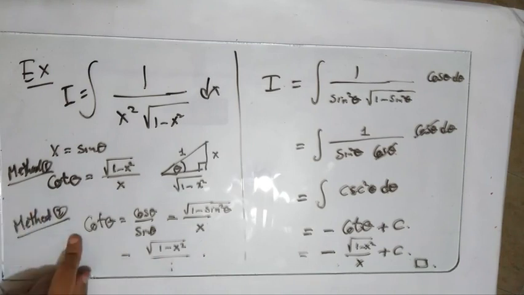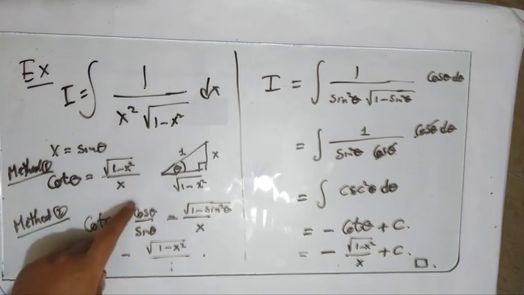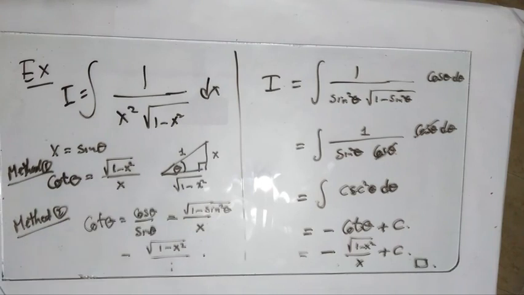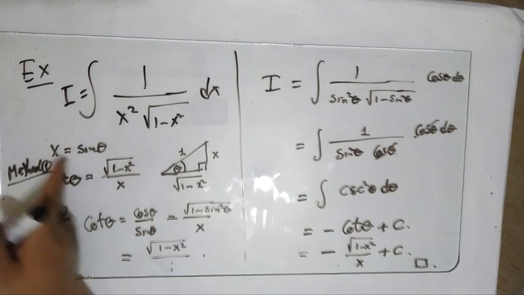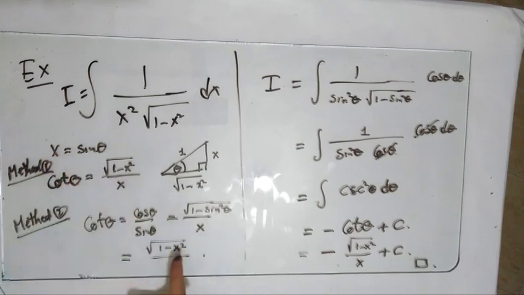Or you can use the identities of the trig functions. For example, cotan theta equals cosine over sine, and the cosine equals square root of 1 minus sine squared. So in terms of sine, you can replace sine by x. So now you will have square root of 1 minus x squared over x, and then you can use the value of the cotan to rewrite everything in terms of x.